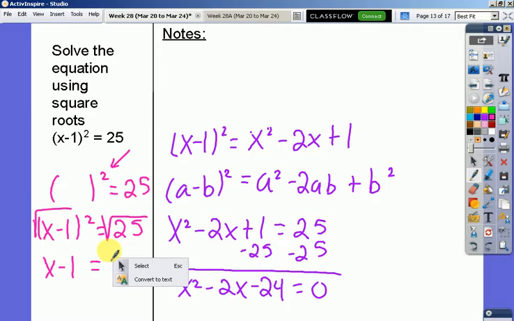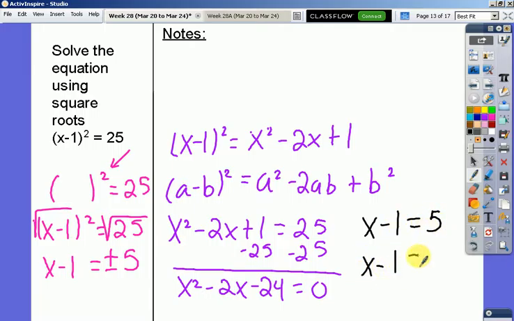You cannot forget both. That means that once you introduce that square root, you have two linear equations to solve. One of them is x minus 1 equals 5. The other one is x minus 1 equals negative 5.